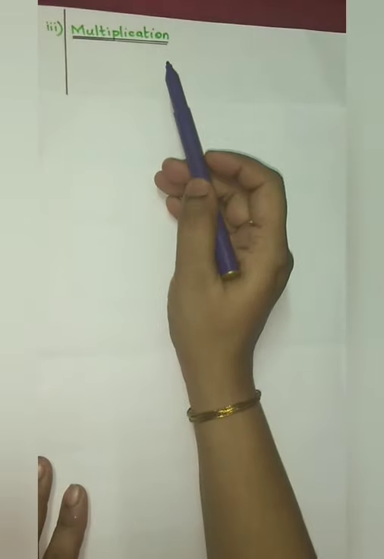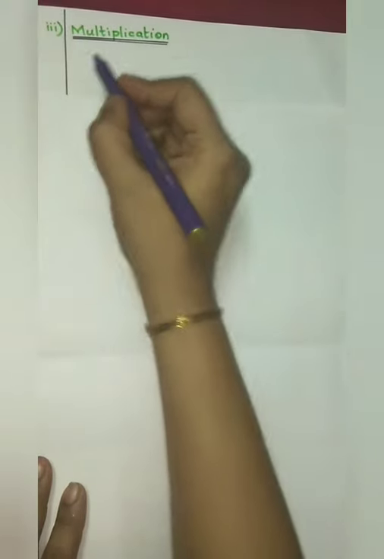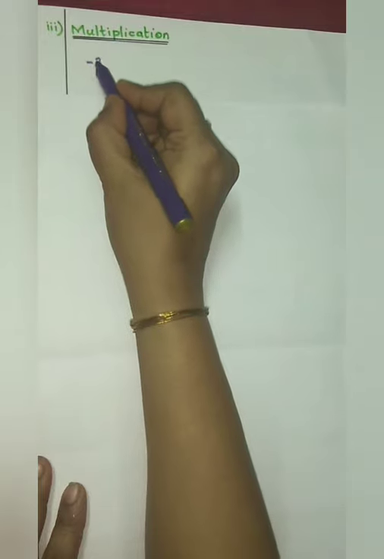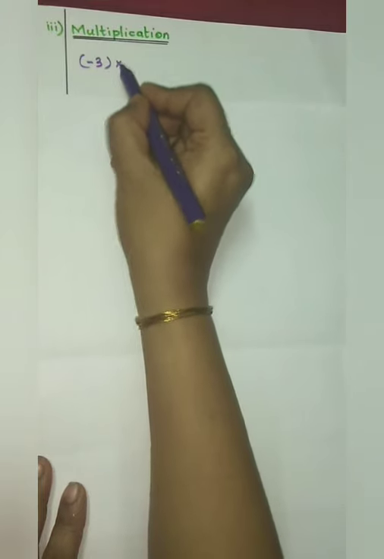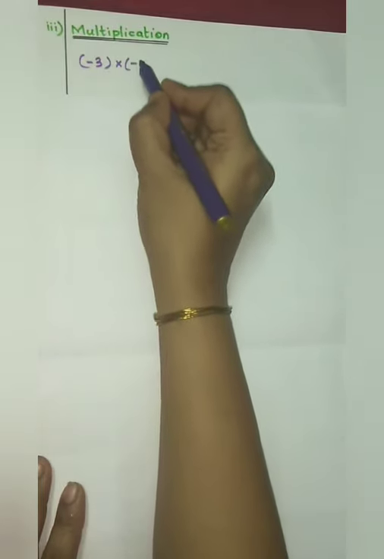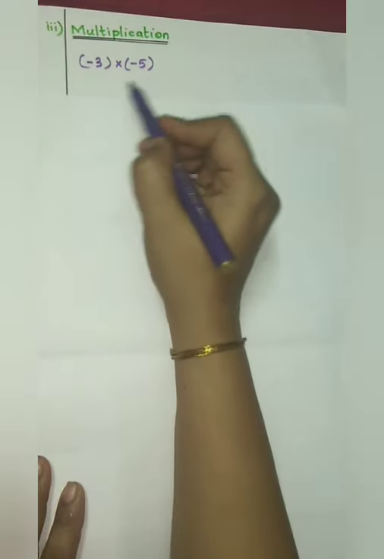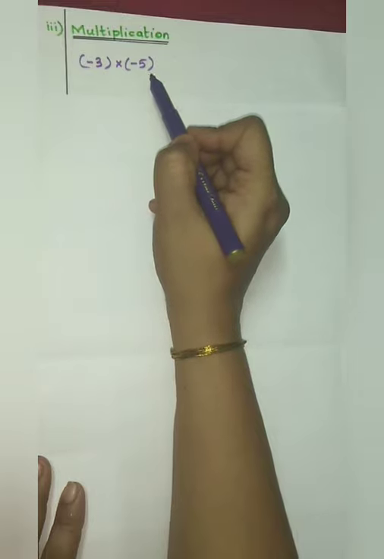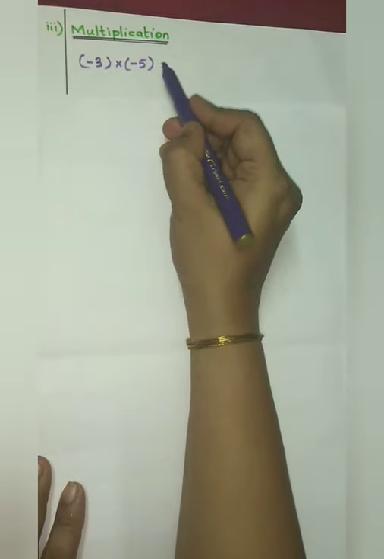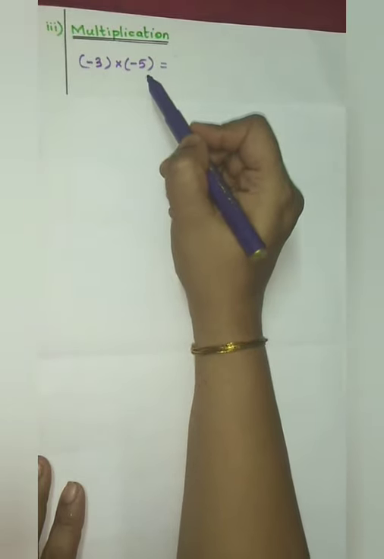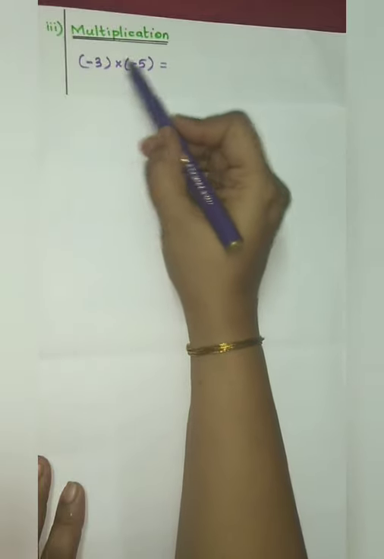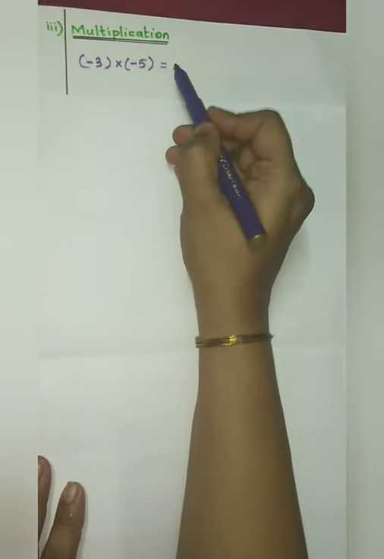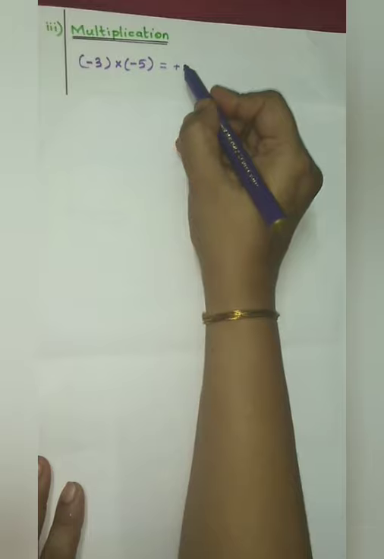Third, multiplication. Take any two integers, minus 3 into minus 5. Find their product. Here, these two integers are negative integers. So, when you multiply these two integers, what do we get? Minus into minus plus, 3 into 5, 15.